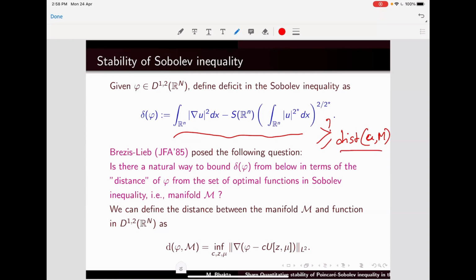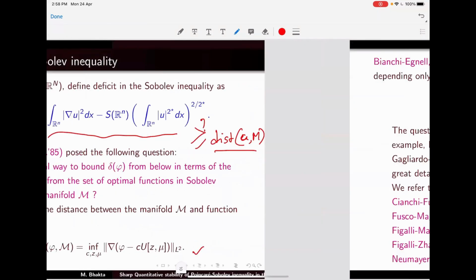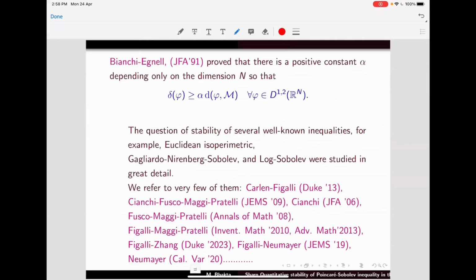This distance function we can define in this way because we are in the D^{1,2} space, with the L2 norm of the gradient; this is the natural way to define the distance function. And in 1991, Bianchi and Egnell answered this question affirmatively. They proved that this is indeed true, and there is a linear stability.